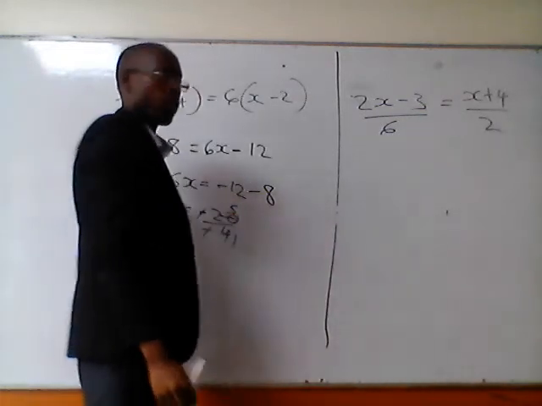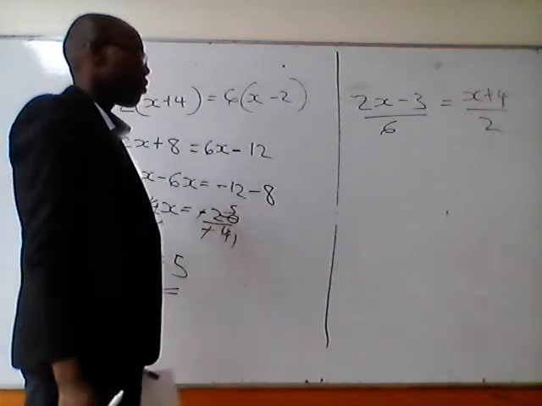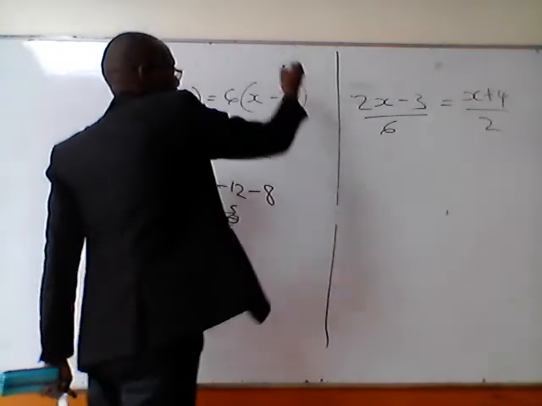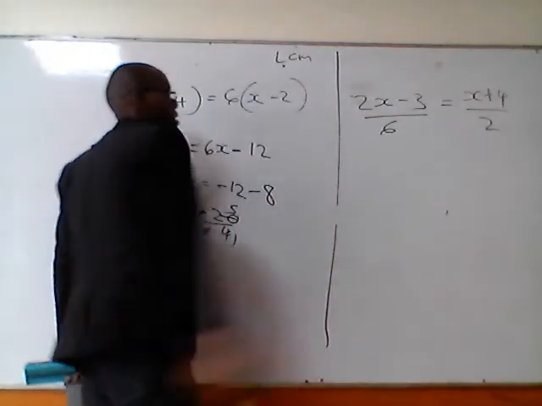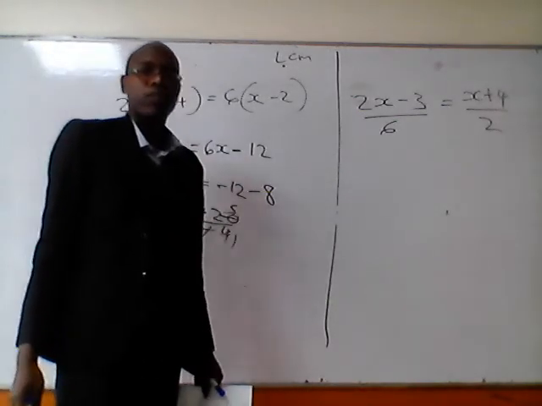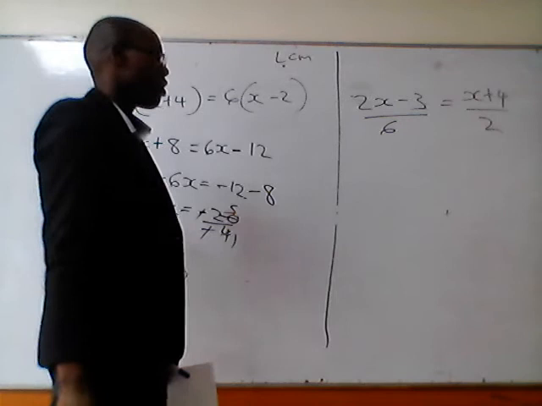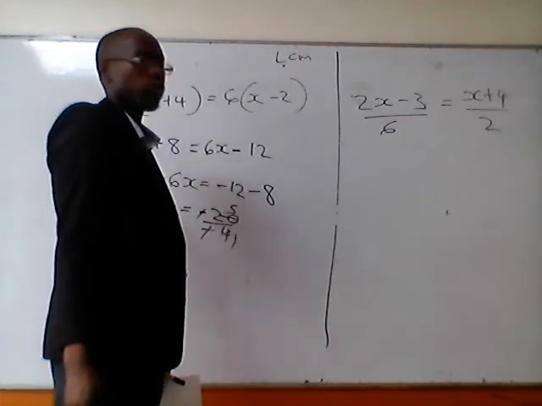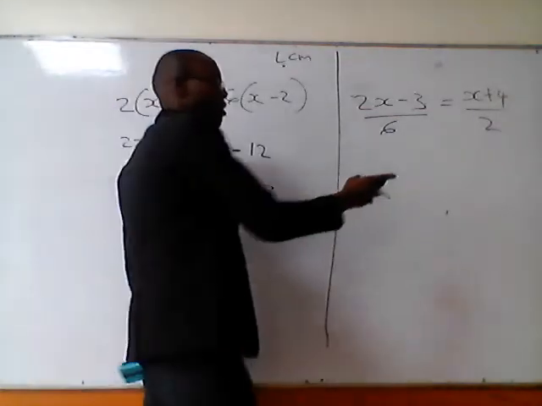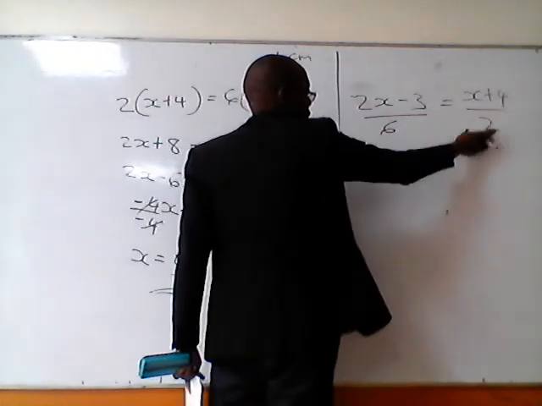This now, we are going to use the LCM. The LCM, that's what we are going to use. Least common multiple, the thing that you learned when you were in class 4. So the LCM of 6 and 2 is going to be actually 6. So the moment we know the LCM, we are going to use the denominators here.